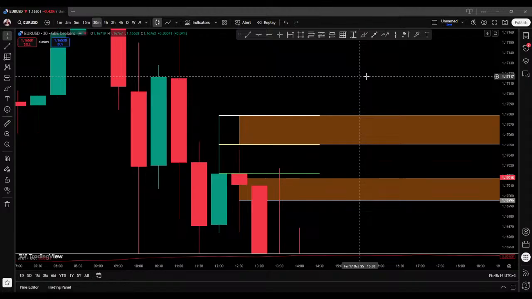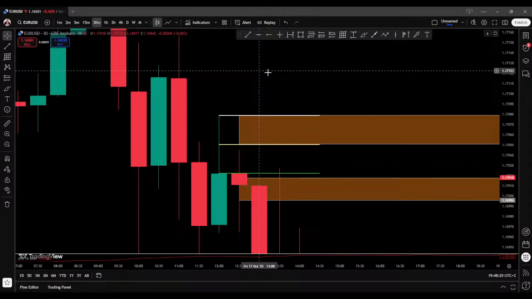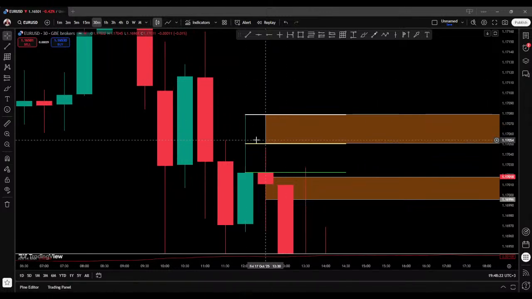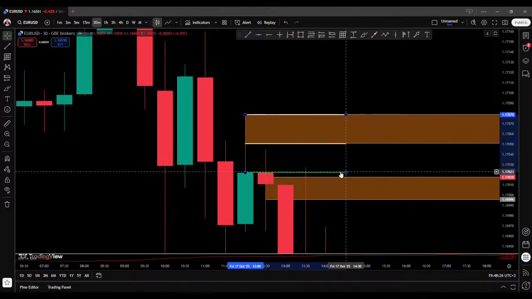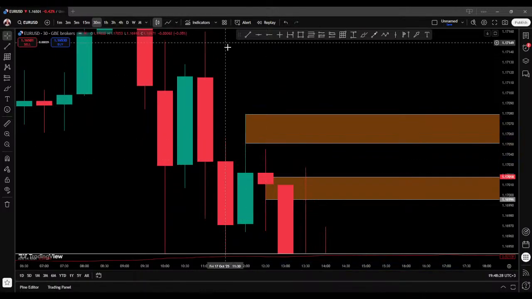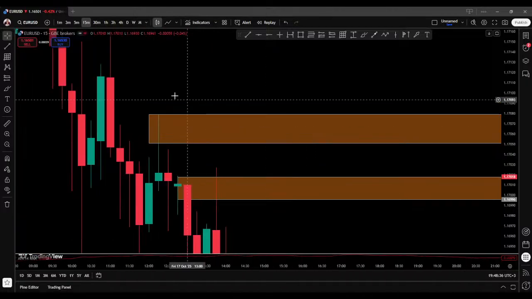But let me see whether we can, because we need to see another block or something here. The market will not just sell from nowhere. It has to sell from something. So we can remove our gun box and come to 15 minutes.